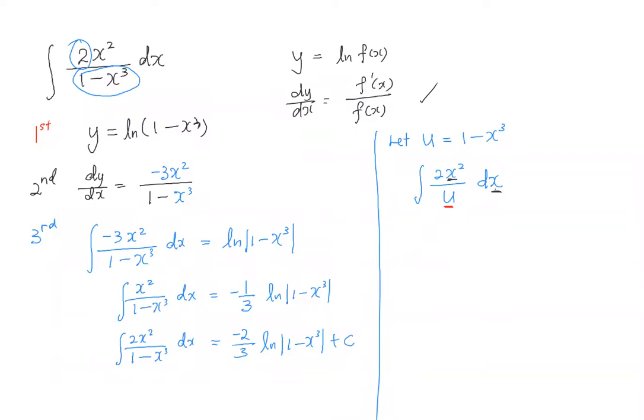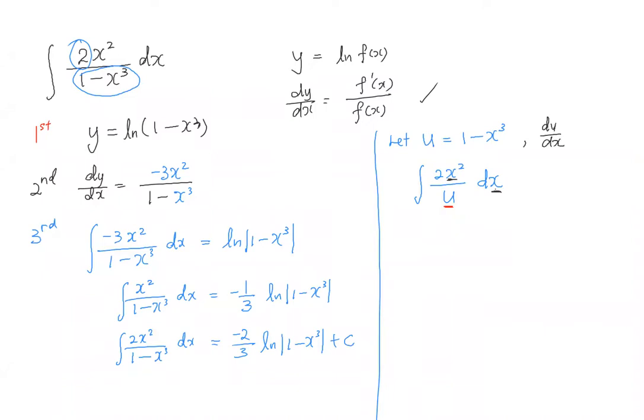So now I have to think of how to substitute dx with du. If I want to substitute dx with du, what should I do? I have to differentiate u with respect to x, correct? So I have to find du over dx.